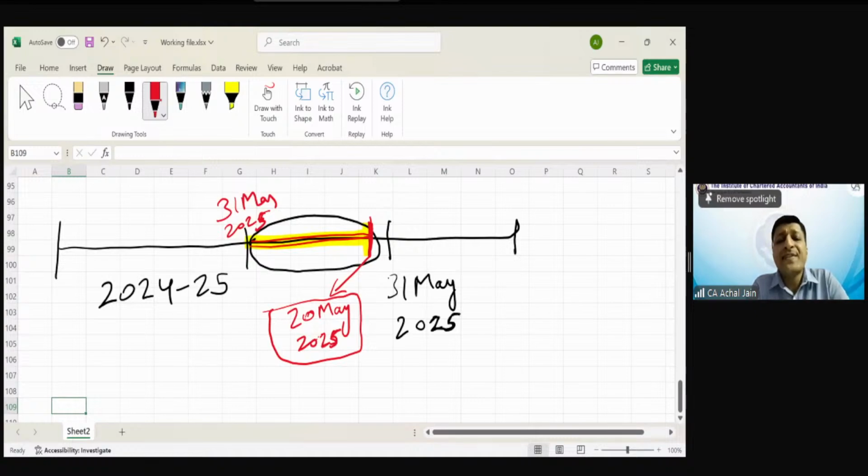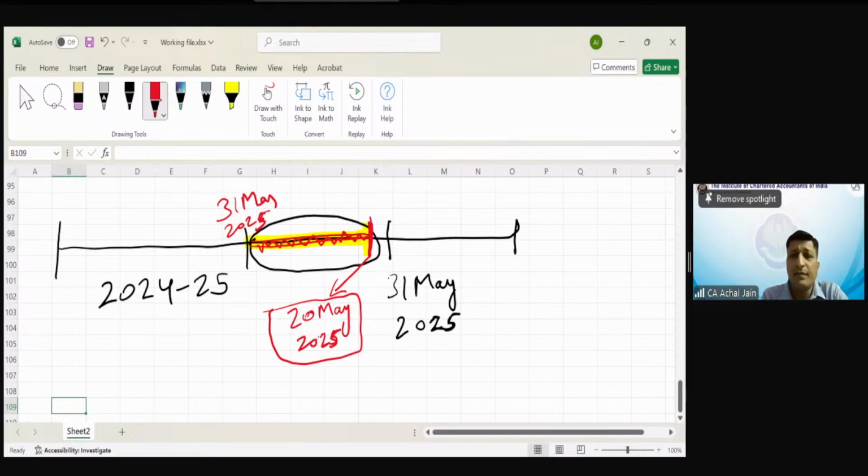Now, in this case, considering this cutoff, what will the auditor do? The auditor will be testing the expenses. He will review and scrutinize the expense ledgers or various other heads on which he will perform the subsequent testing. Why is this called subsequent testing? Because he is looking at the period which is after the reporting date.